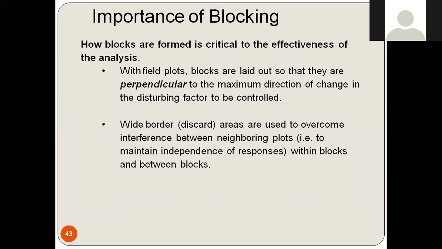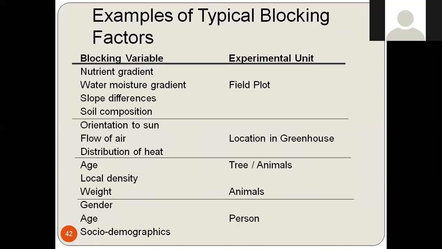Right, now because we already said you are always doing the blocking perpendicular to the gradient, let's look at some examples of factors that we can consider during blocking. Nutrient gradient in the field plot.